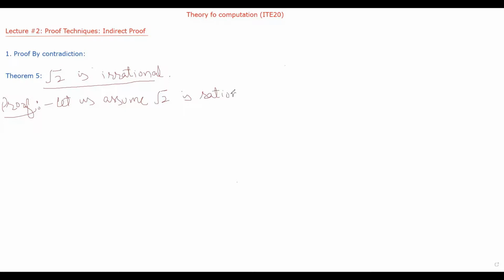So what are rational numbers? A rational number is a number that can be represented in this format, p by q, where q is not equal to 0, and p and q have no common divisor.